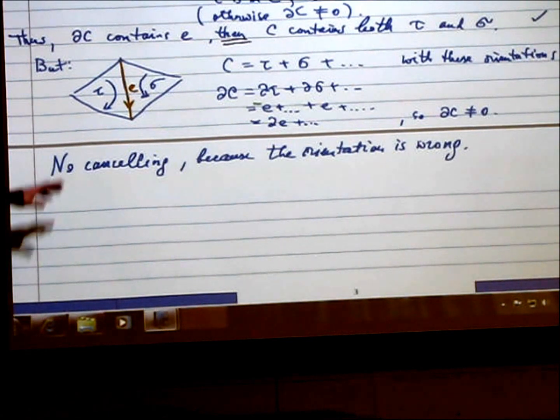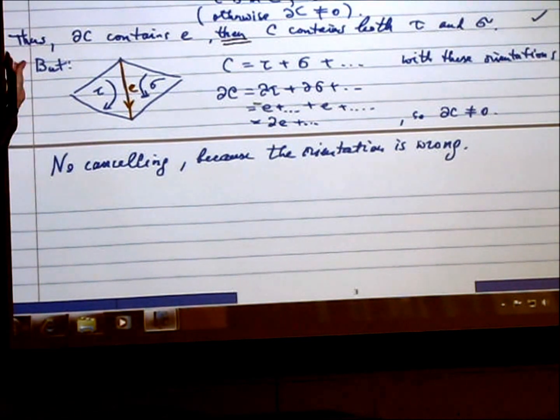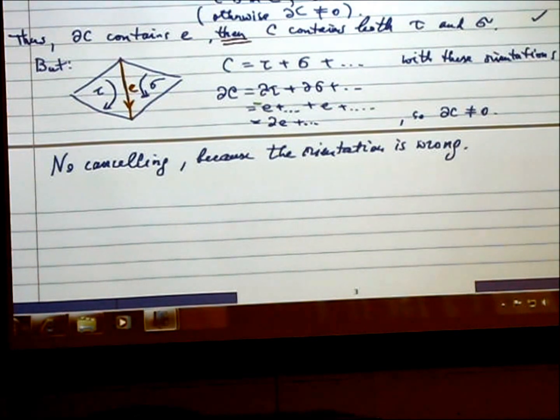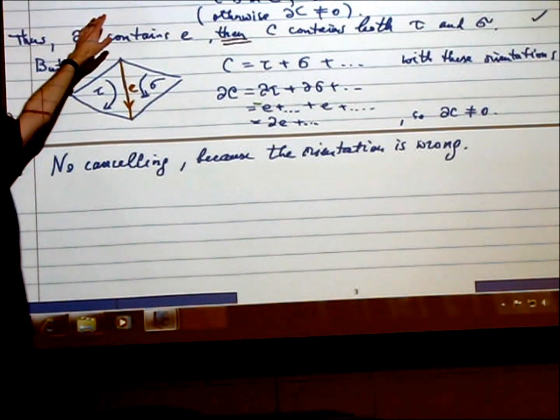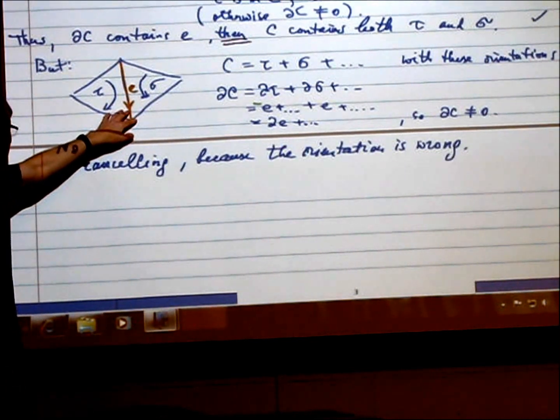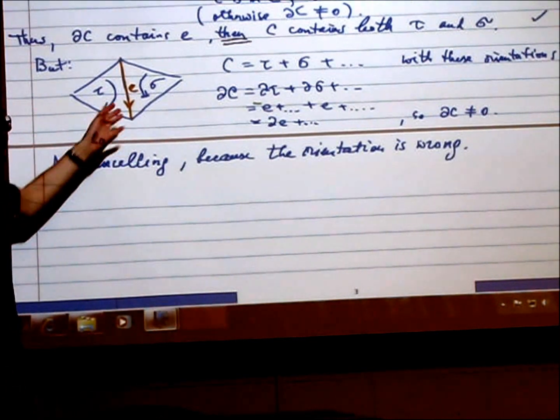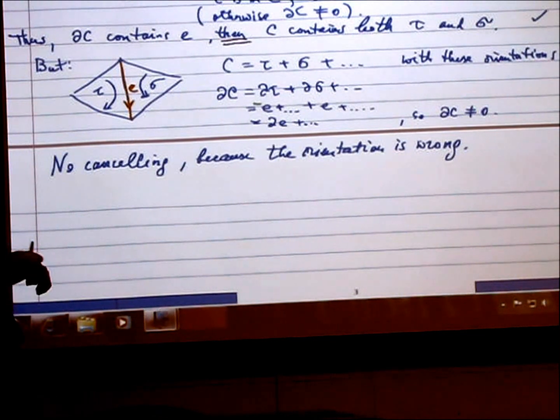No, I can have exactly this picture, the exact same picture. And you remember we come up ourselves with orientations. Orientation is entirely our choice, orientation of all the cells involved. So when I see a picture like over there, I assign orientations in this fashion, and suddenly nothing cancels out.